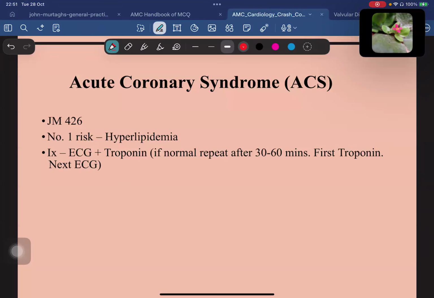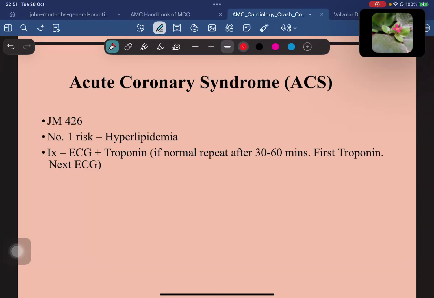Now, one thing I want to say about AMC is they are not going to ask you what is a symptom of acute coronary syndrome and obviously give you chest pain and all sorts of other clinical features. They are very good at asking specific points, like what is the number one risk factor for acute coronary syndrome?